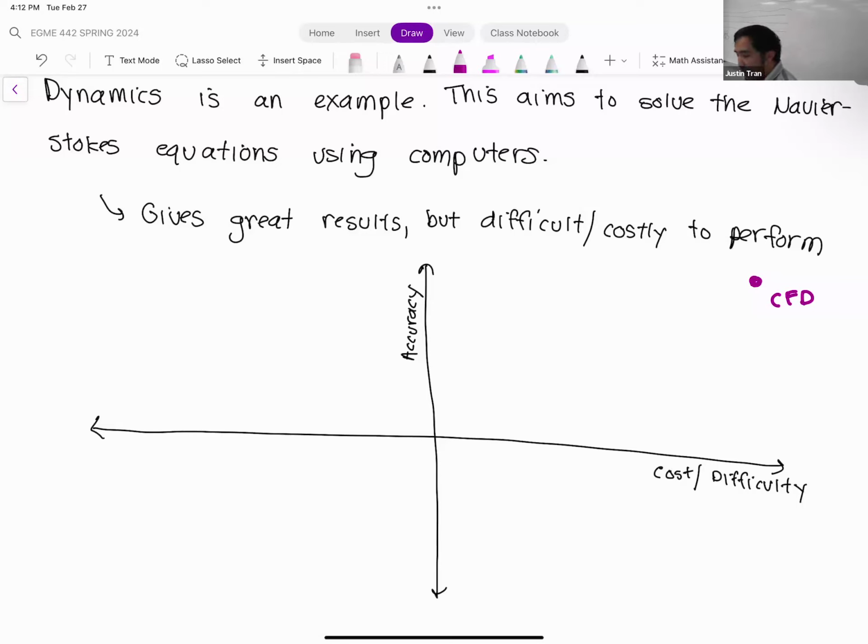Okay. And so in a perfect world, if you had infinite resources and infinite computing power, you should just do CFD, because that's what gives you the most accurate solution. But oftentimes, using a very highly accurate model like this is just not practical.